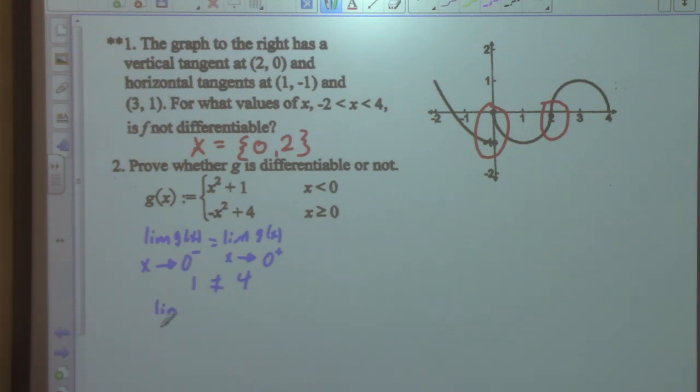So the limit as x approaches 0 of g of x does not exist, right? So therefore g of x is not continuous, therefore not differentiable.